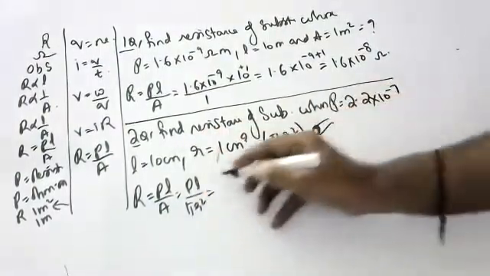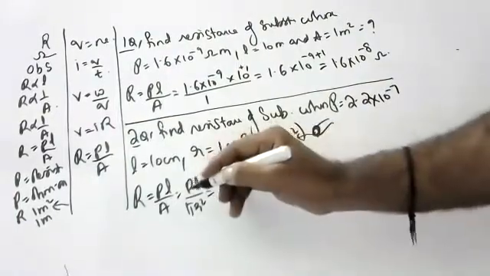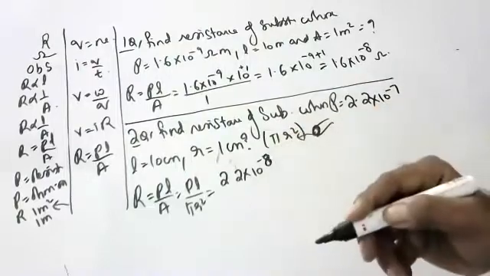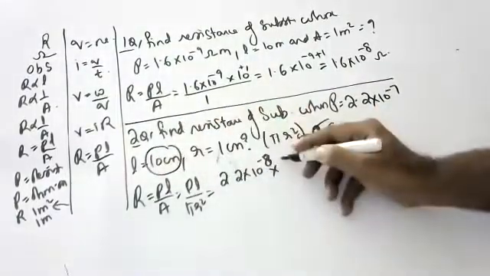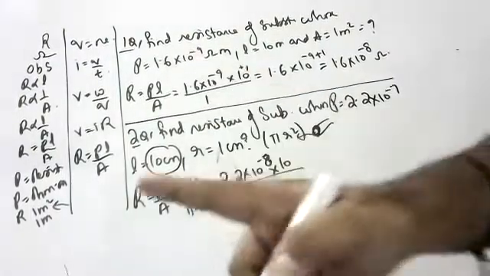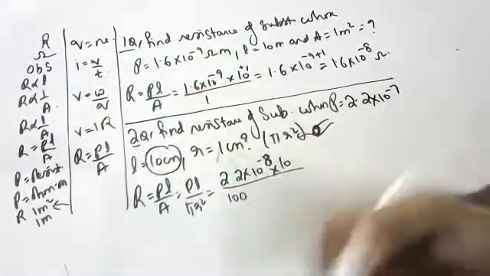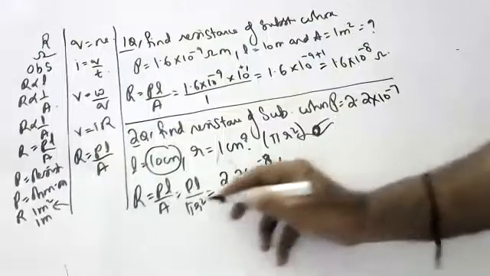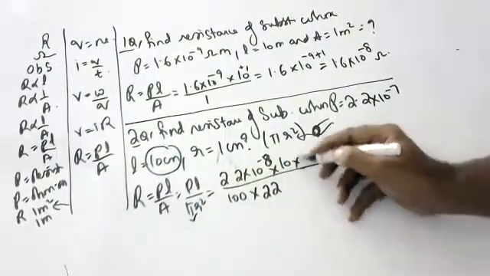Rho is 2.2 into 10 to the power of minus 7. If I remove this point, minus 8. Into length, how much, children? 10 centimeters, 10 by 100, because centimeters to meters is divided by 100. Pi value is 22 by 7, 7 will go off.